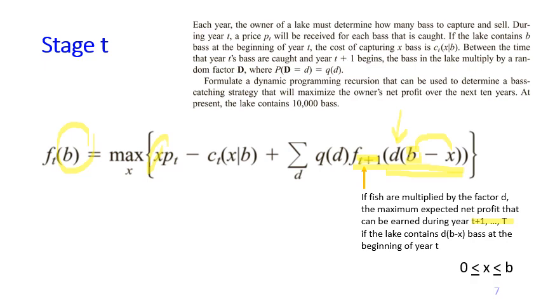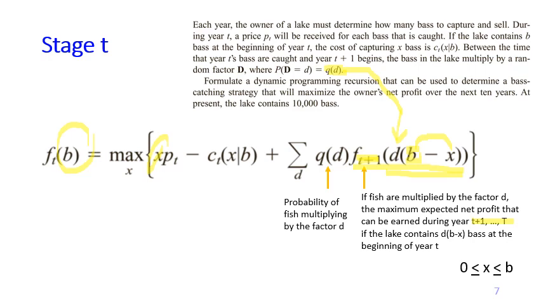However, the d here is probabilistic. Remember that in the problem it says that the probability that a particular value of d will happen is qd. And that is why you need to multiply it with the probability of d happening, which is qd.